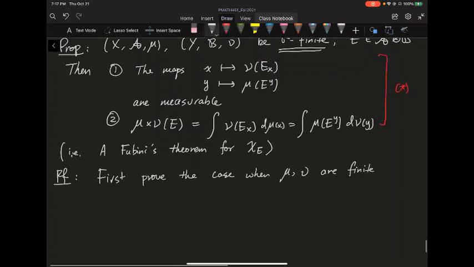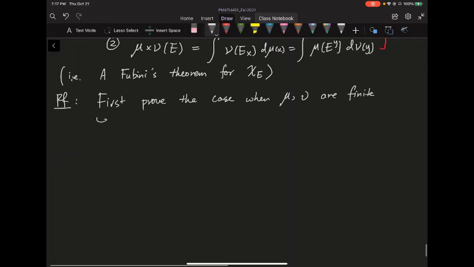So there's one little trick. Let's call C the set of all subsets of X cross Y such that star works. Essentially I want to show that the product sigma algebra is a subset of C, so everything inside the product sigma algebra satisfies star.